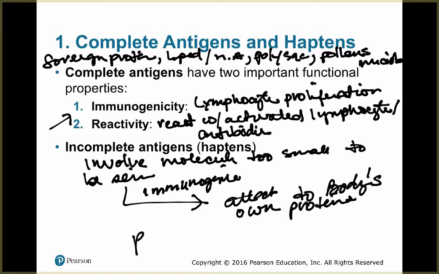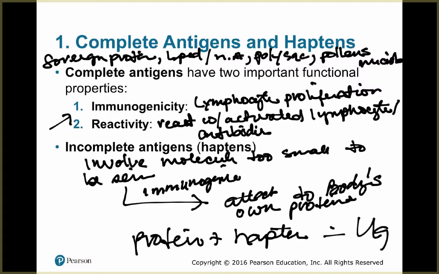And so when you get protein plus hapten, you get an immunogenic antigen, right? And so these are just some examples, like hormones, or very small peptides, or even nucleotides.